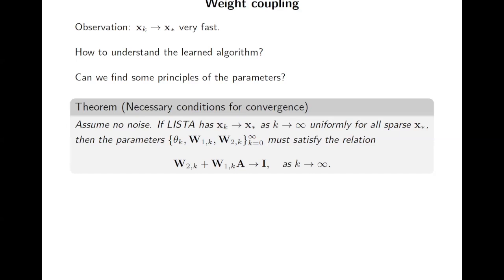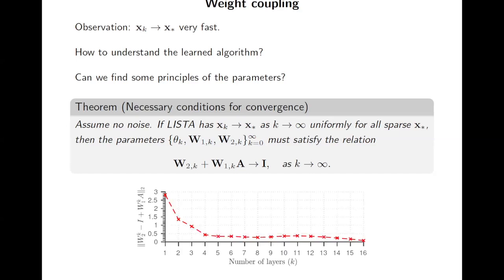They must satisfy an asymptotic condition like this. We also validate this by observing the learned parameters and the residual of this term, and we find that it goes down and down, clearly satisfying our theoretical findings.